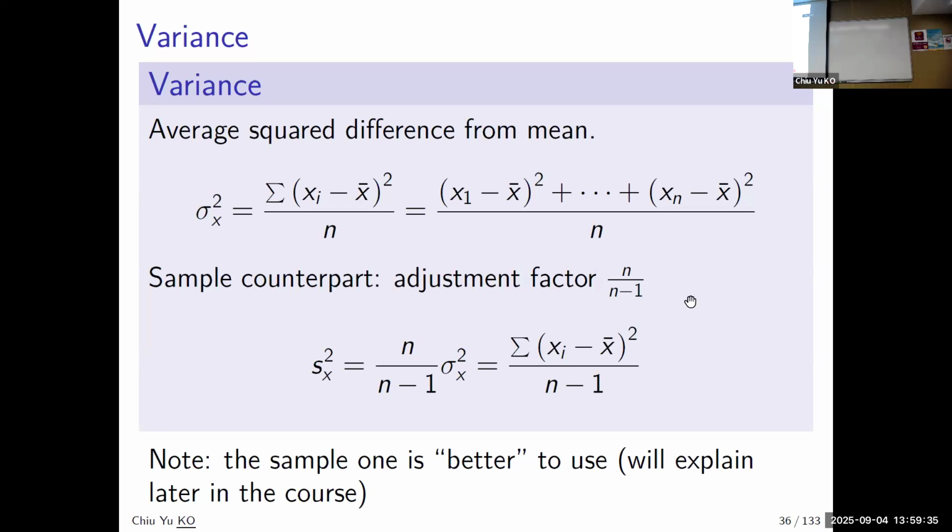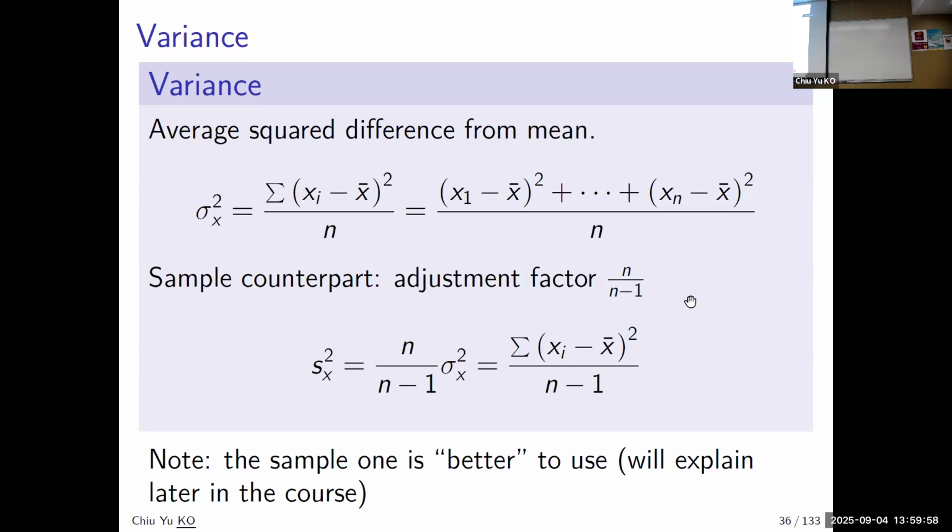This is very subtle, so let me repeat what I'm saying. Suppose I have all the information in Hong Kong, and I want to calculate the variance of income of everyone in Hong Kong. If I am the government, I have all the information. To calculate variance, I always use this one. That's the only formula you use.